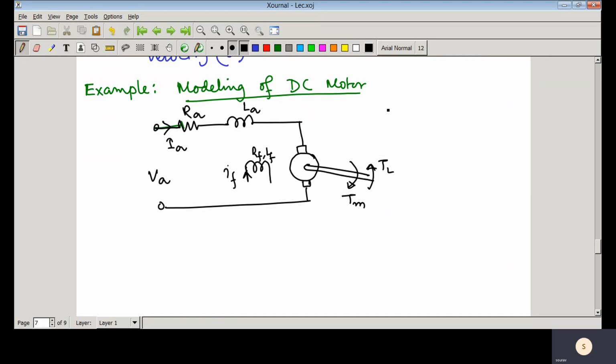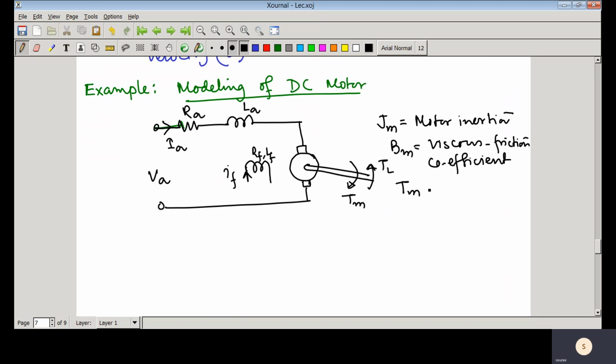So here let us define the nomenclature. Jm is the motor inertia, Bm is the viscous friction coefficient, Tm is the motor developed torque, and TL is the load torque.